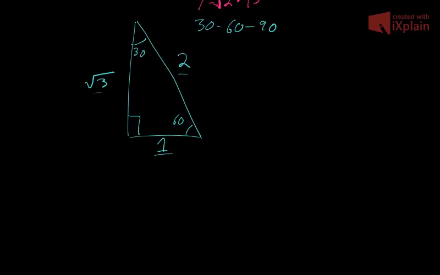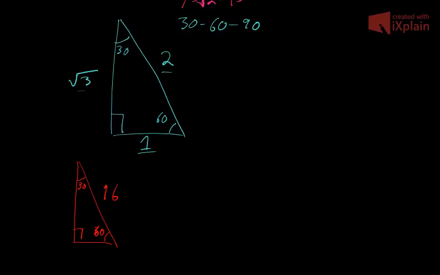So if I have a problem where I have a 30-60-90 triangle, this is my 60 side, 30, and 90, and let's say this side right here has a length of 16. I would know that x and y, to find x, I would be able to say that my ratio of this side here to this side here has to be the same as 16 to x.